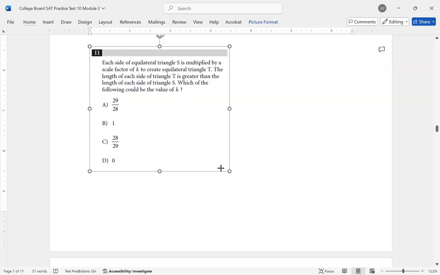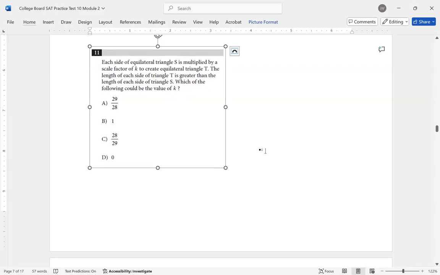It doesn't matter. Equilateral triangle S is multiplied by a scale factor to create an equilateral triangle T. T is a bigger triangle than S. So what could be the value of k? Again, just look at a picture and do this.